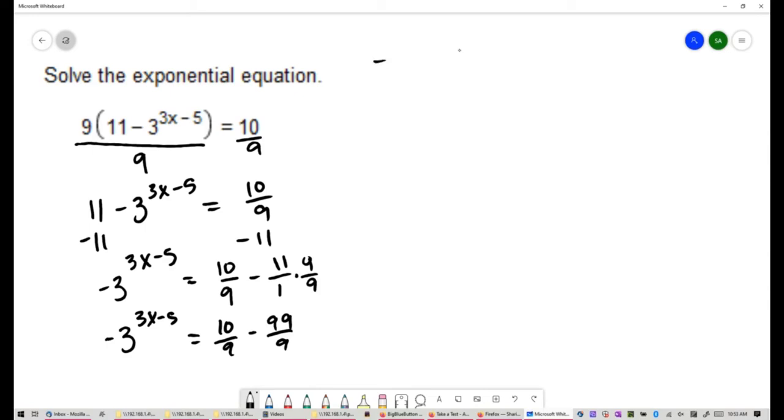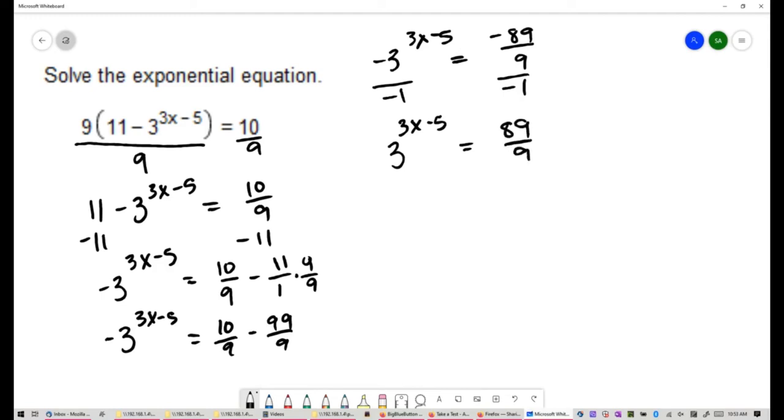And that's negative 3 to the 3x minus 5 equals negative 89 over 9. I'll get rid of that negative by dividing by negative 1 on both sides, and that finally has my exponential expression isolated. 3 to the 3x minus 5 equals 89 over 9.